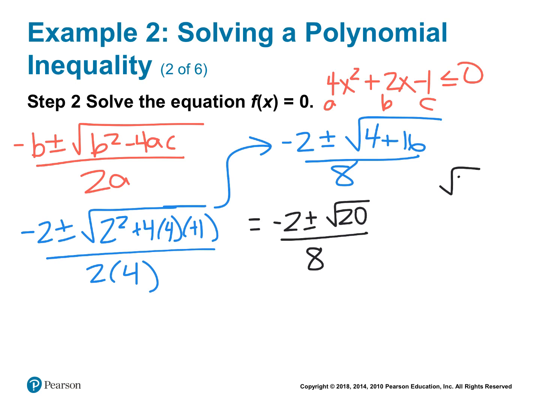So square root of 20 can be broken into a perfect square of 4 and then square root of 5. So you'd get 2 times the square root of 5. So I'll change this to 2 times the square root of 5.